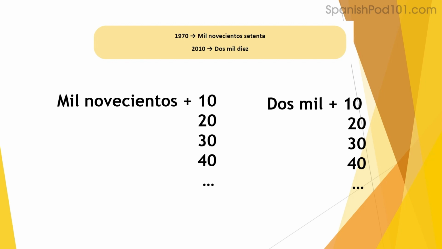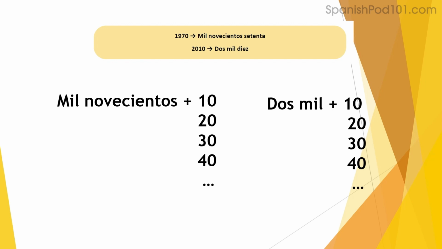Okay, perfecto. So the structure is fairly easy. For 1900, you just put whatever number follows after that. So you want to say 1910, 1920.